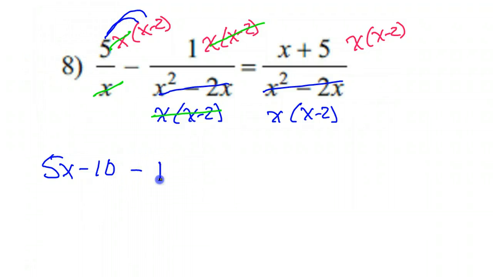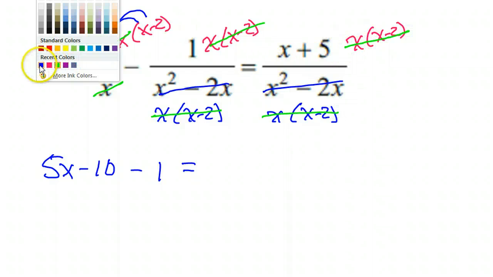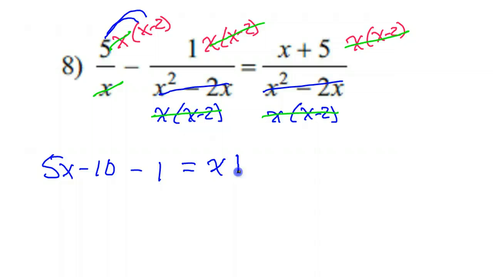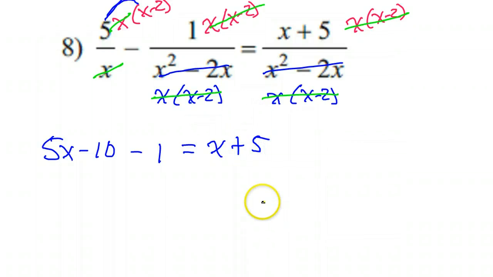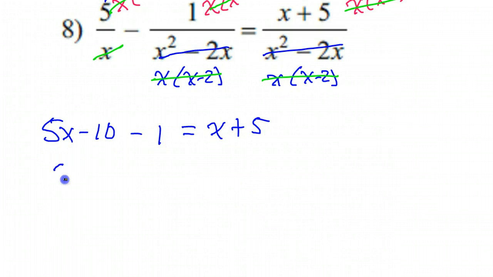So minus 1 equals, and again, the third fraction, the entire denominator cancels out. That leaves me x plus 5. Like terms right here, so I've got 5x minus 11 equals x plus 5.